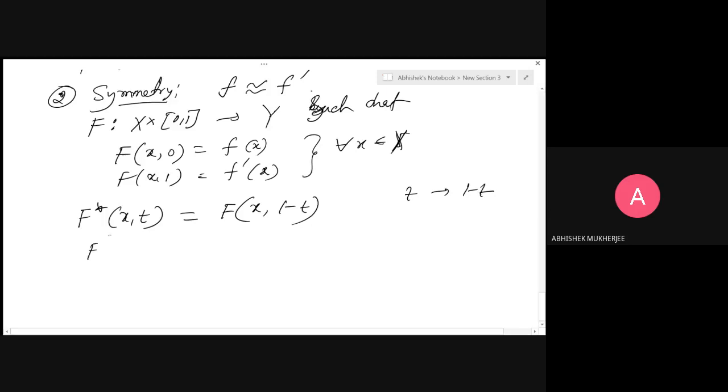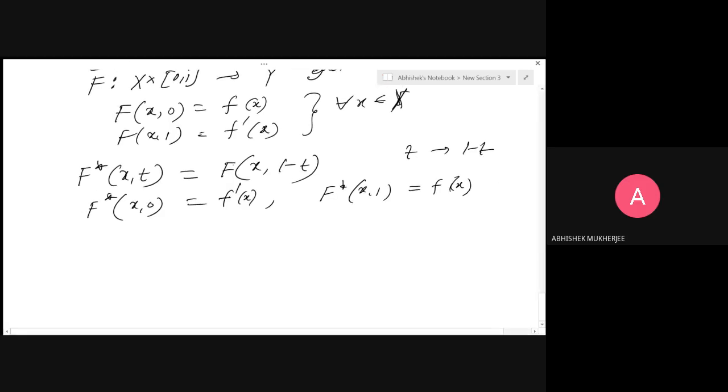So F star of (x,0) is f dashed(x), and F star of (x,1) is f(x). And since F is continuous, F star is continuous because t goes to 1 minus t is a continuous map.